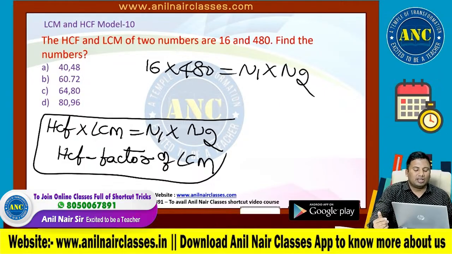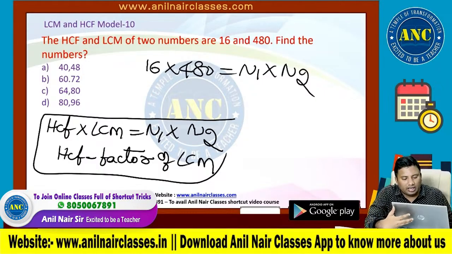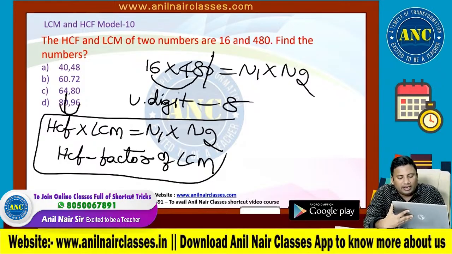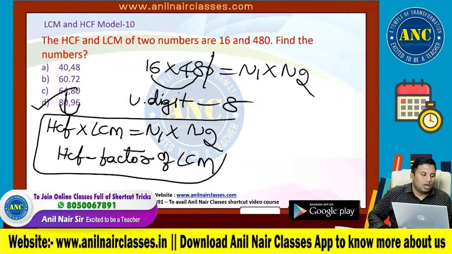You don't need to use any common sense. If I eliminate the 0 in the question, 6 8s are 48, so the unit digit is 8. The answer option's unit digit should be 8. 8 6s are 48. Option is D. I hope it is clear.